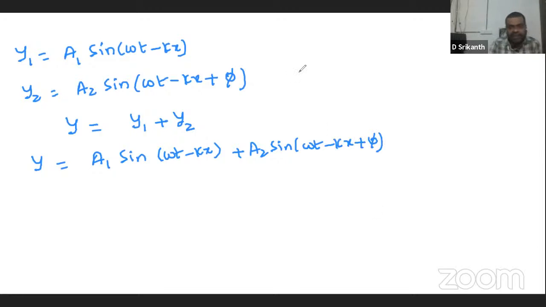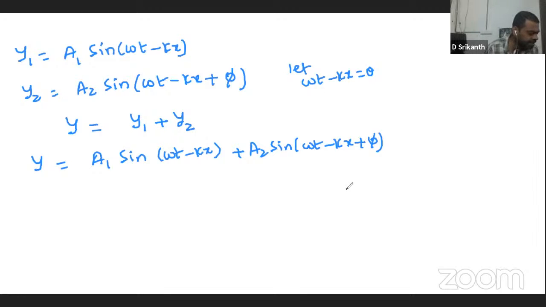For simplicity, I am considering that let omega t minus kx is equal to theta. Instead of every time writing omega t minus kx, I'll write theta. Afterwards, at the final stage of derivation, I will replace theta as omega t minus kx.